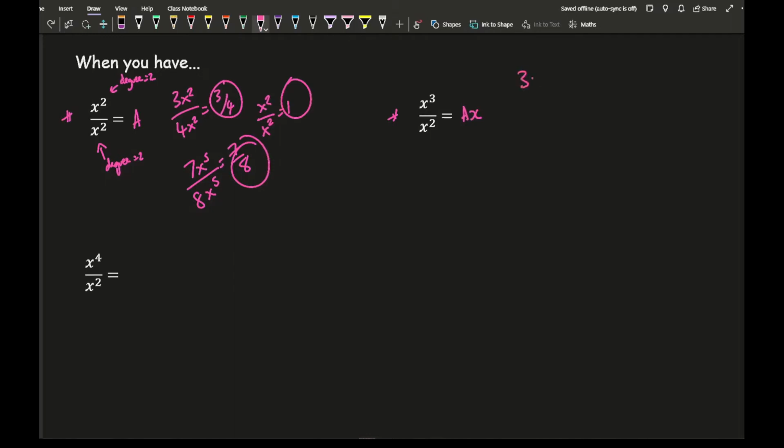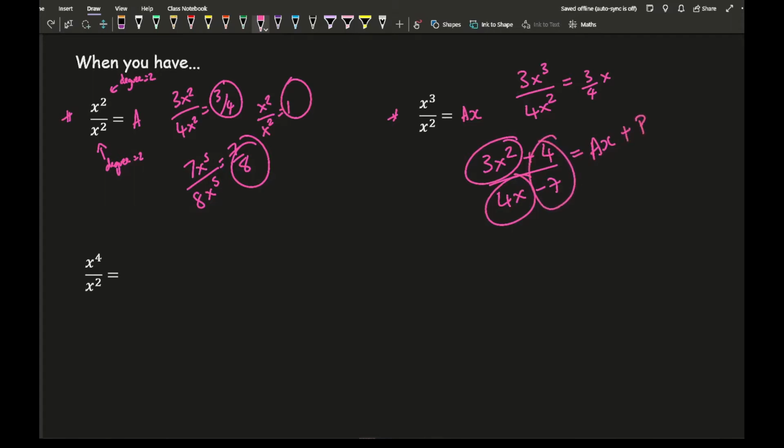So for example, if I had 3x cubed over 4x squared, then that would be 3 over 4 times x, just x. Now obviously if I've then got something being added or subtracted to it, so for example like 4x minus 7, then in terms of looking at the degrees of x, I'm going to end up with something times x, and then obviously I'm going to get a constant as well.